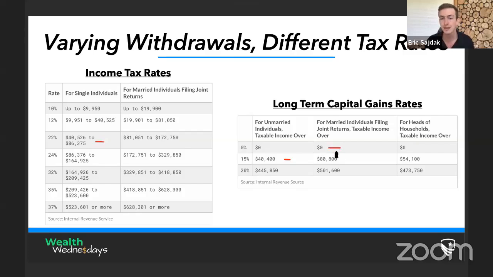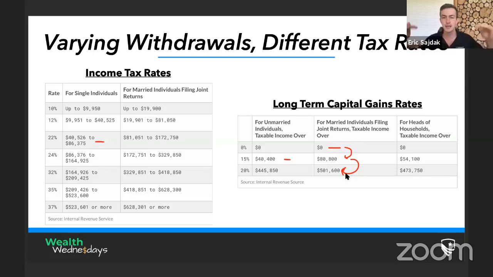So from 0 to $80,800, you're taxed at 0%. From $80,800 to $501,000, you're taxed at 15%. And then anything over $501,600, you're taxed at 20%.